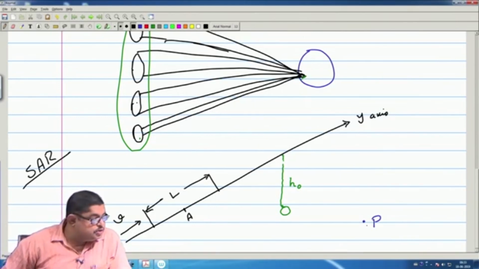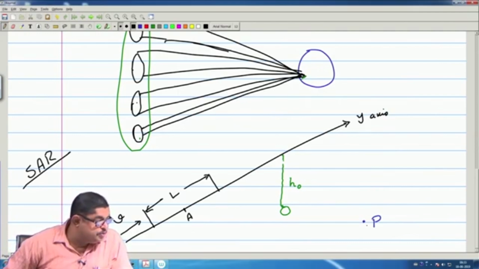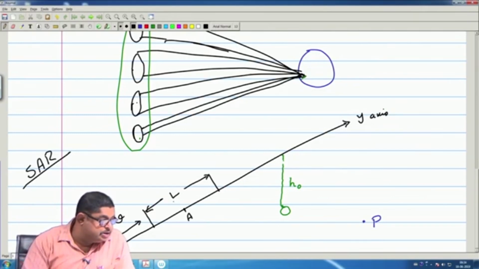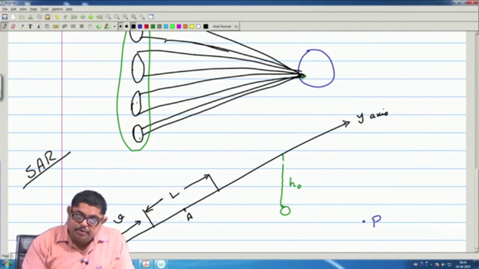Okay. So, let us say that our time t starts when the radar is at point A. So, we can say capital L is the observation length, and observation period corresponding to that will be t.